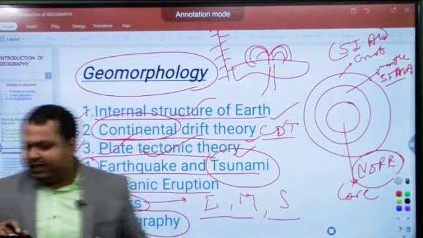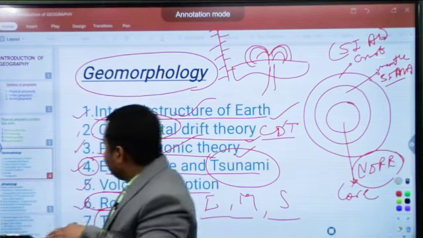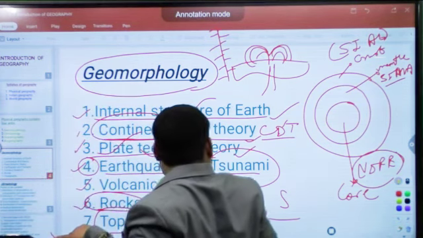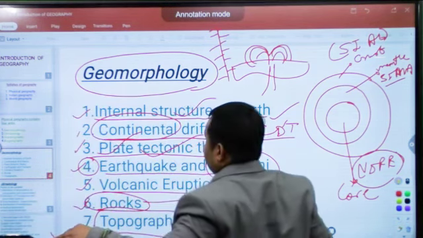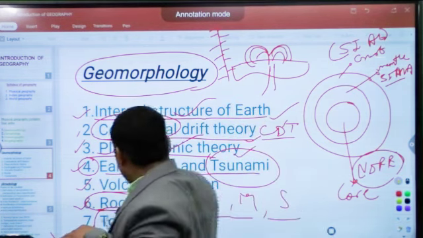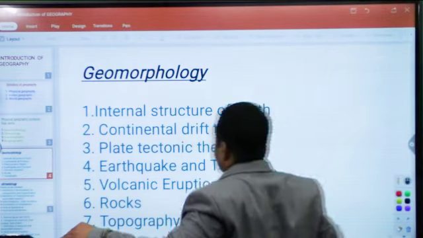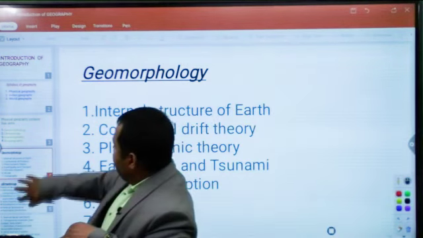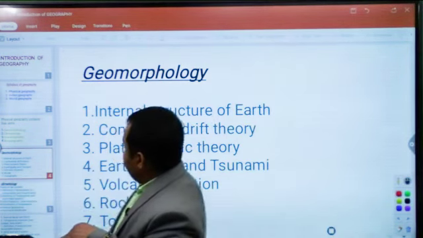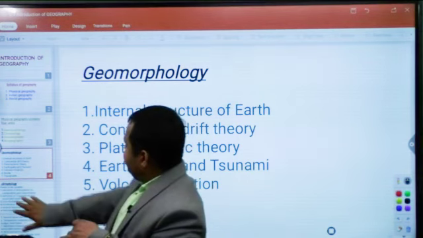So, there are 5 types of topographies that we can understand. All these kinds of topographies we will discuss during the lectures.